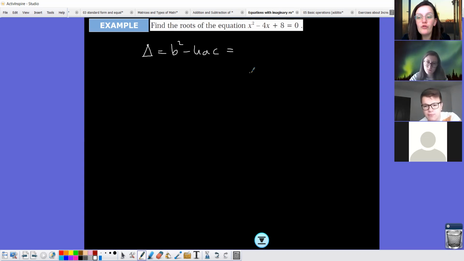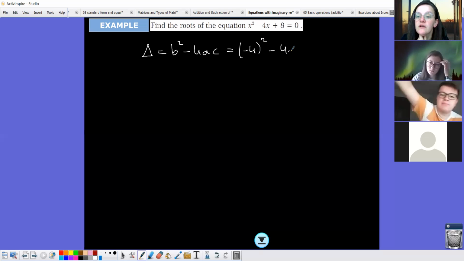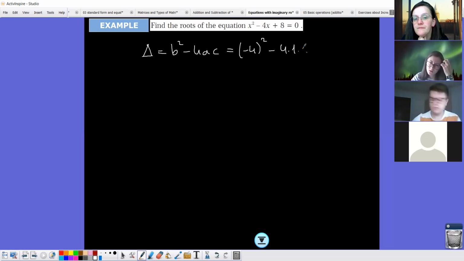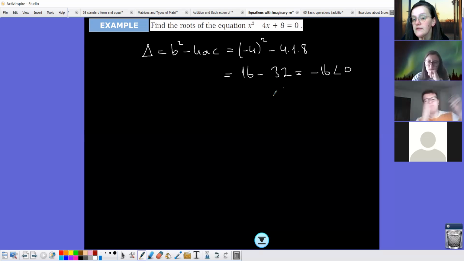Minus 4. Minus 4 squared minus 4 times what is a? 1. And c? 8. What do we have? 16 minus 32, which will be minus 16, which is less than 0.